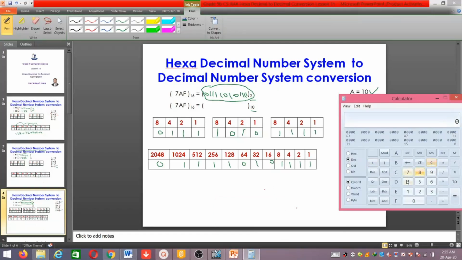So what is this? 1024 plus 512 plus 256 plus 128 plus 32 plus 8 plus 4 plus 2 plus 1 is equal to 1967.